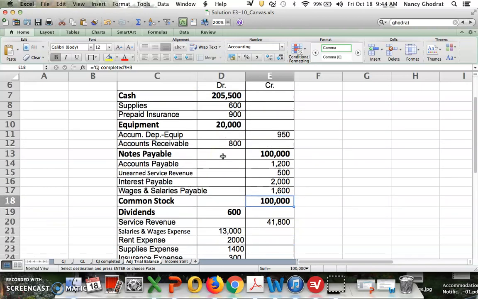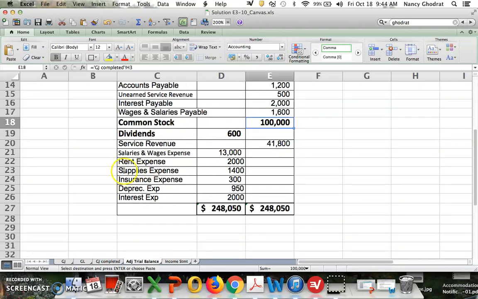So now at the bottom of your adjusted trial balance, you have lots of new expenses that you didn't have before, such as supplies expense, insurance expense, depreciation expense, interest expense. We didn't have these during January, February, and March. Why?